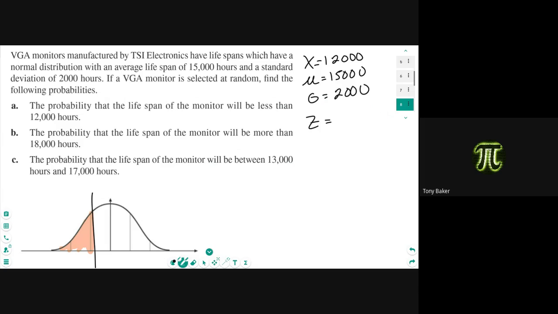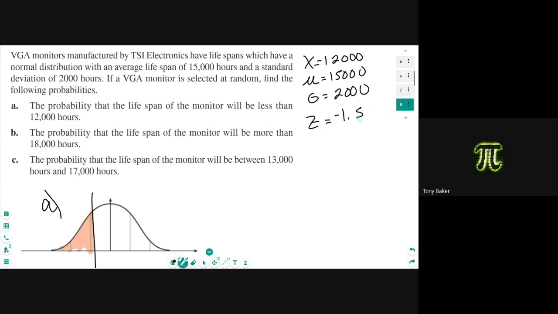The area you shaded is for A, right? Yes, we're just doing A. This is A. So what's my Z?